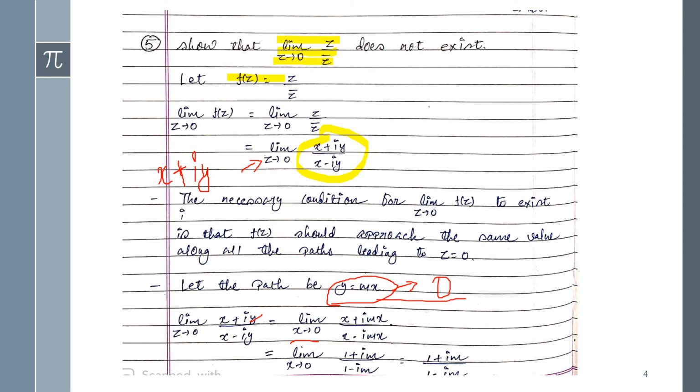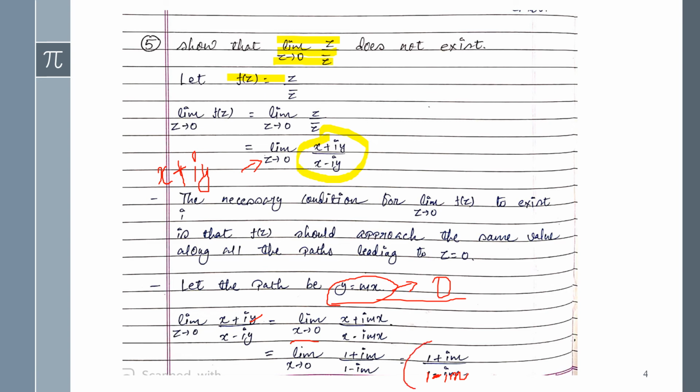Now from the numerator and denominator you can see x is a common term for both, so cancelling this x, the remaining terms will be 1 plus im and 1 minus im. Now put the limits, in place of x you have to put 0.